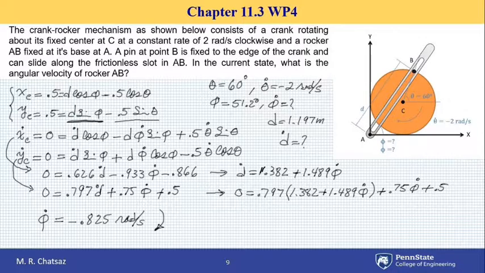So that's one of the unknowns we can find. The other one, if I plug this into the d dot equation, I'll get d dot, but that is not what I asked for. So this is the rotational speed of rocker AB. Thank you for watching.